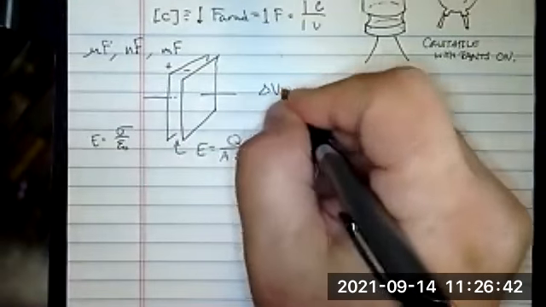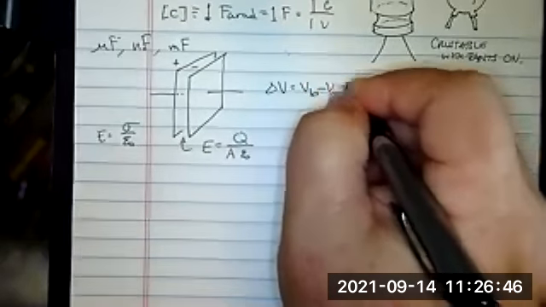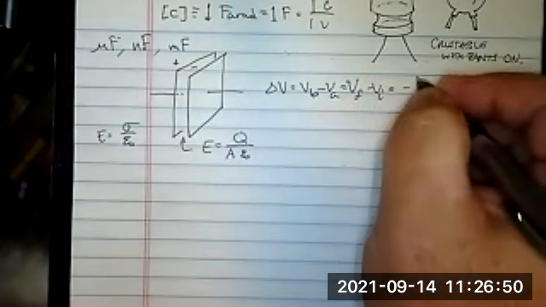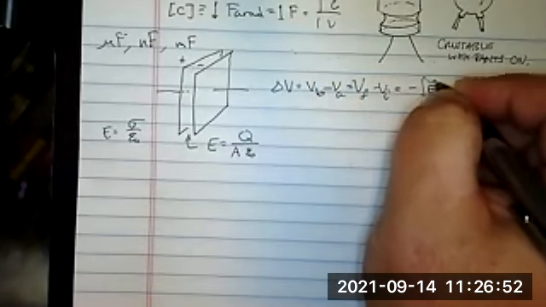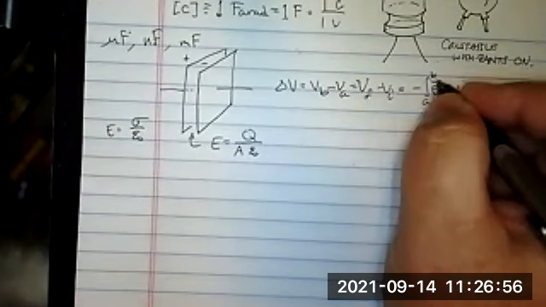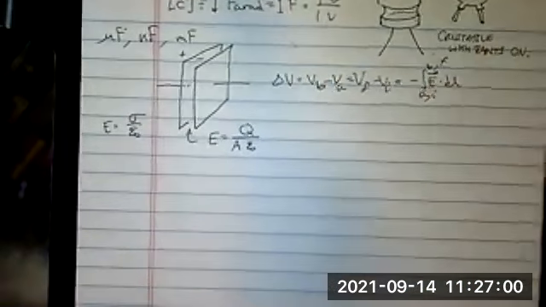Now, using that, we can actually calculate, remember delta V equals V_B minus V_A, or V final minus V initial, is equal to the negative integral of E dot dL from A to B or I to F, whichever one you want to do.